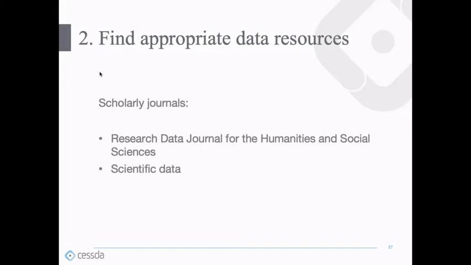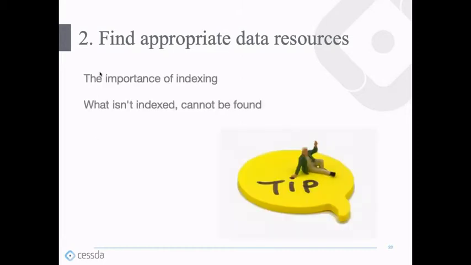These journals are mostly dedicated to natural sciences, but sometimes they publish data articles from other fields of science.